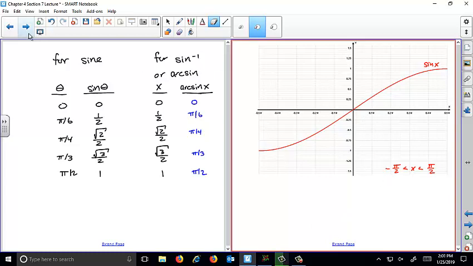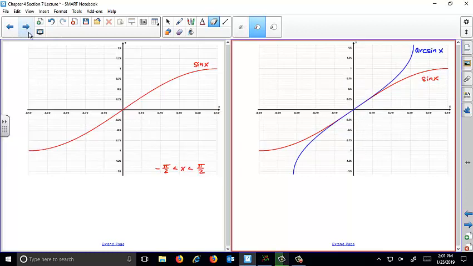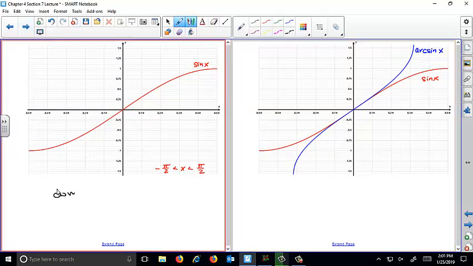So this is the sine function. I think what I have on the next page is the inverse sine function. So there you go, the blue curve is the inverse sine function. Notice for the sine function, the domain is what we specified: from negative pi over 2 to positive pi over 2. The range is from negative 1 to positive 1.